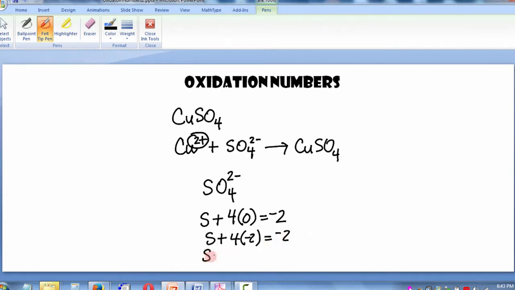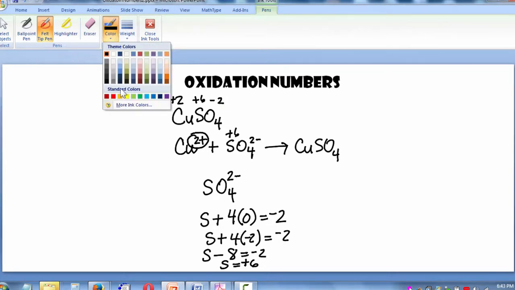And we have sulfur minus 8 equals minus 2. And sulfur is equal to plus 6. So that would be plus 6. So we have plus 2, plus 6, and minus 2.